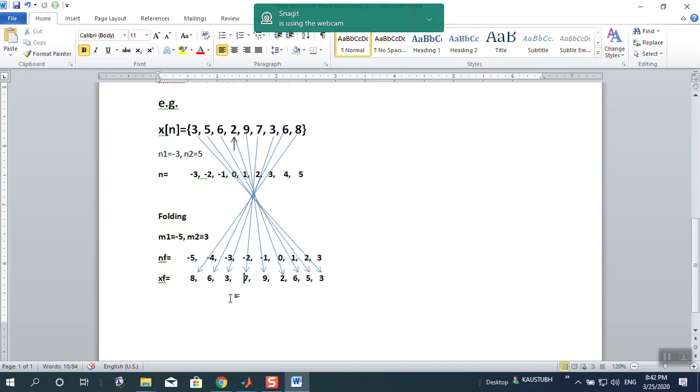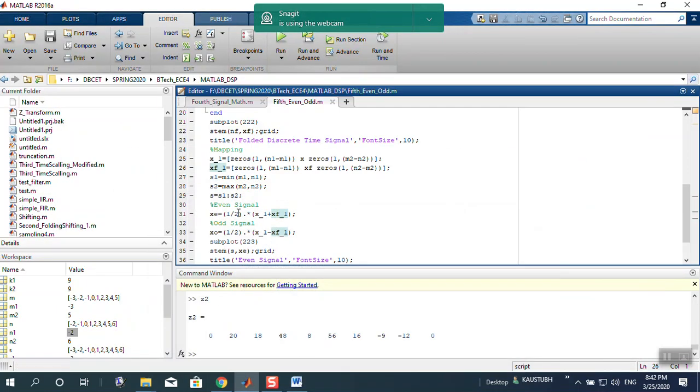As you can see, this signal starts at -3, and this signal starts at -5. So here you need to put 2 zeros. How will you put zeros? n1 minus m1, so -3 minus -5, minus minus plus, so 2 zeros. So you see these zeros(1, n1 minus m1), then the values of x.